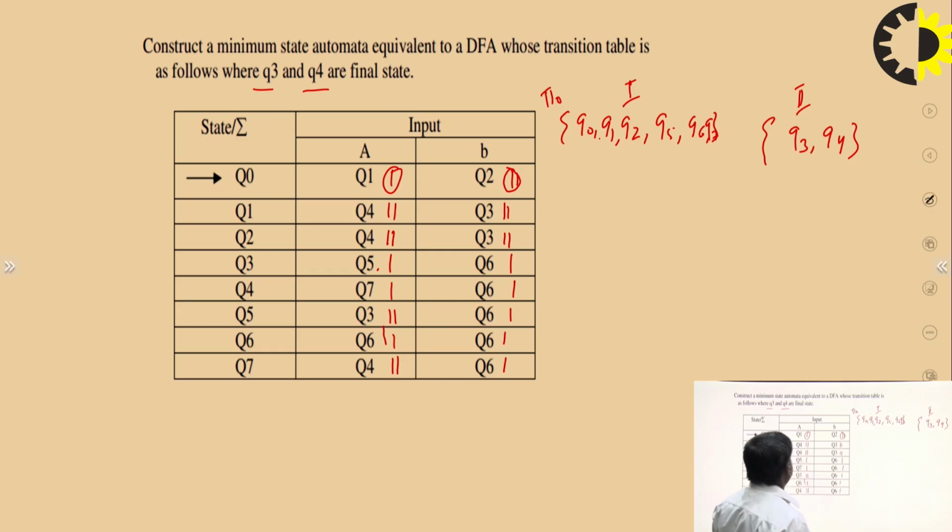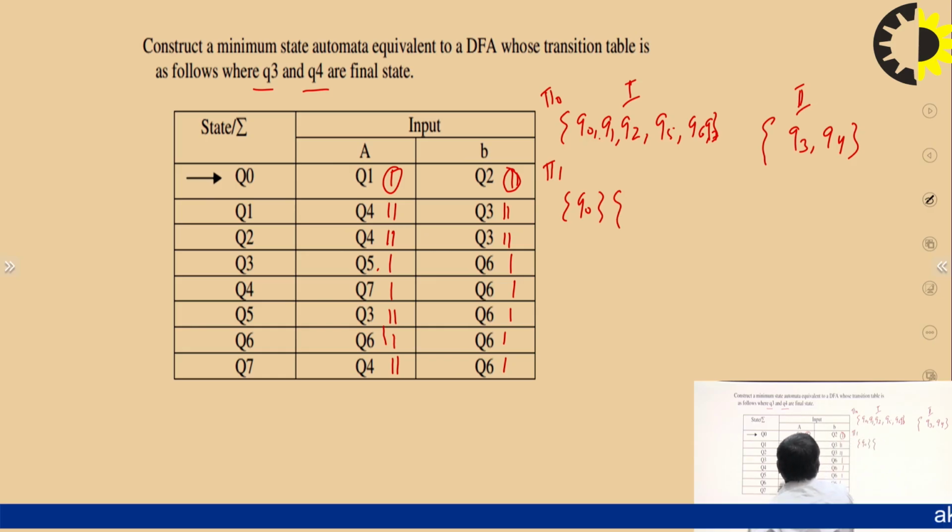No. It means Q0 is a single state, and Q1 and Q2 have similar behavior. Set 2, set 2, set 2, so they lie in the same set.